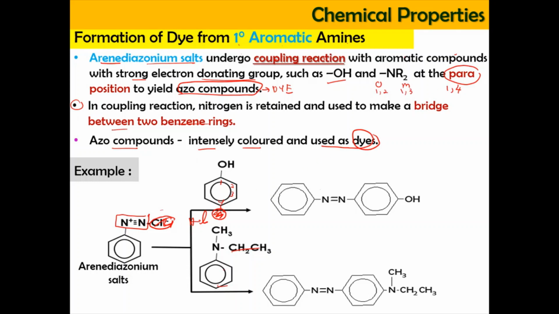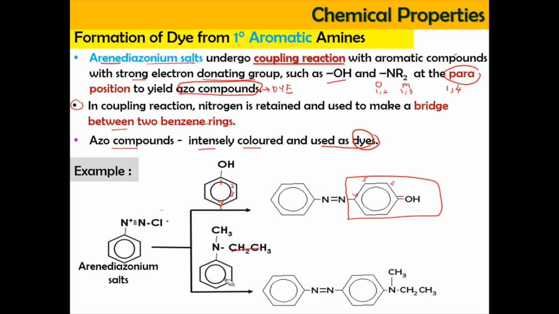So Cl and H are going to be removed, and the arene diazonium salt here is going to attach with the carbon number 4 here in order to produce this structure. Okay, 1, 2, 3, and 4. The same goes to this situation here.